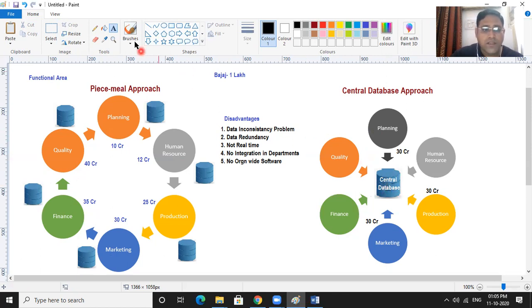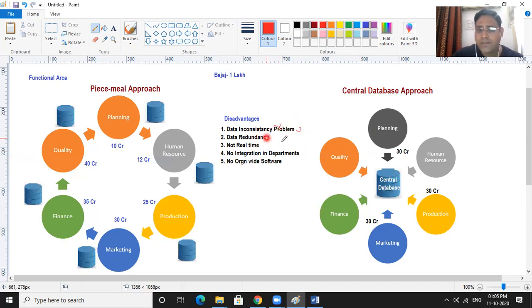So with this we have eliminated the data inconsistency problem. With the central database approach, this problem is not there now. We have removed it. Getting the point? So I can cross it off.